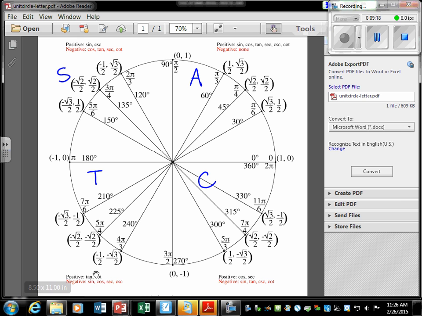Only tangent and its reciprocal is positive in quadrant 3. And only cosine and its reciprocal secant is positive in quadrant 4. So that's why we remember ASTC, All Students Take Calculus, to help us remember what trig functions are positive in the respective quadrants.